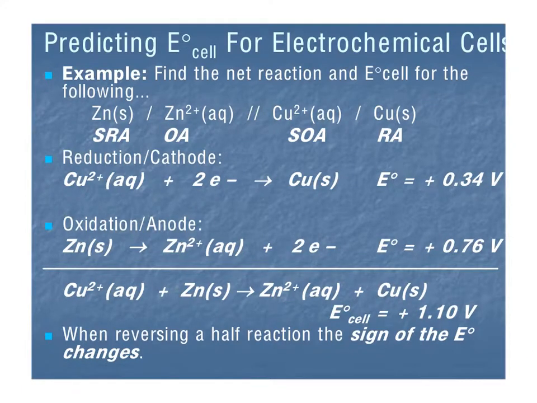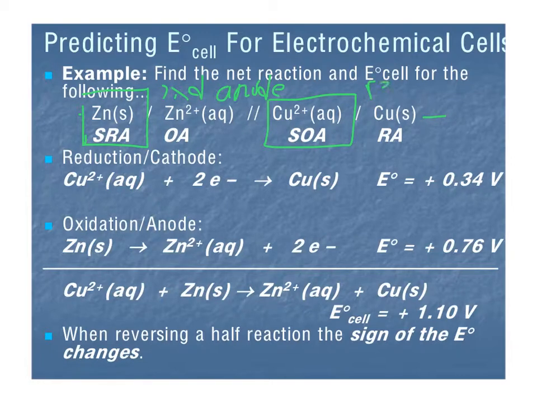Let's now predict the overall cell potential for any given reaction. So in our example here, we have zinc and copper half cells, and we find that our zinc solid is going to be our strongest reducing agent, which will be oxidized at our anode. And we will have our copper ion, which is our strongest oxidizing agent.